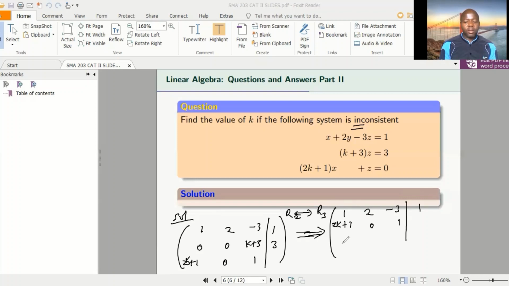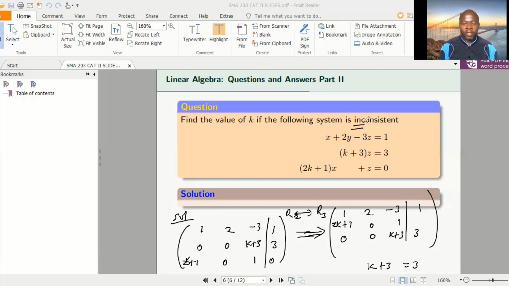This will be 1, and this will be 0, 0, K plus 3, 3. So this is how the augmented matrix would look in echelon form, just before making this one 0, because if I make this one 0, there will be a value here and another one. But what I'm interested in is this last bit, K plus 3 is equal to 3.